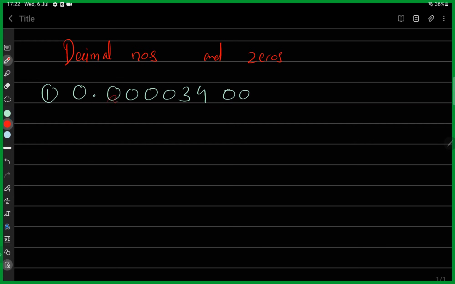The rule says that these are basically the leading zeros and these are the trailing zeros.